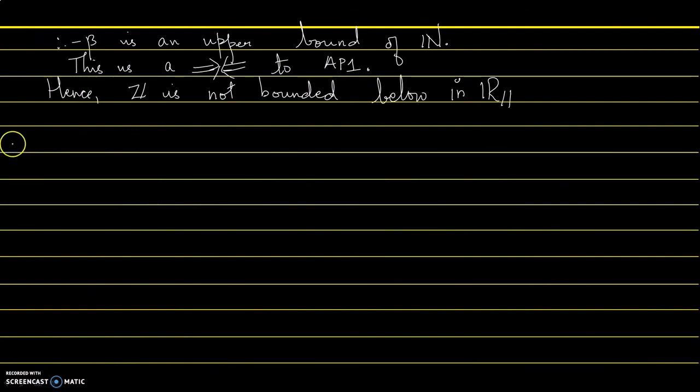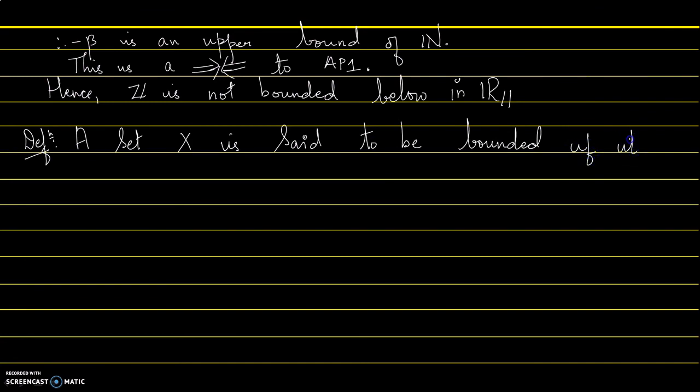Now I'll state a definition. I missed this definition in the earlier videos. A set capital X is said to be bounded if it is both bounded above as well as below.